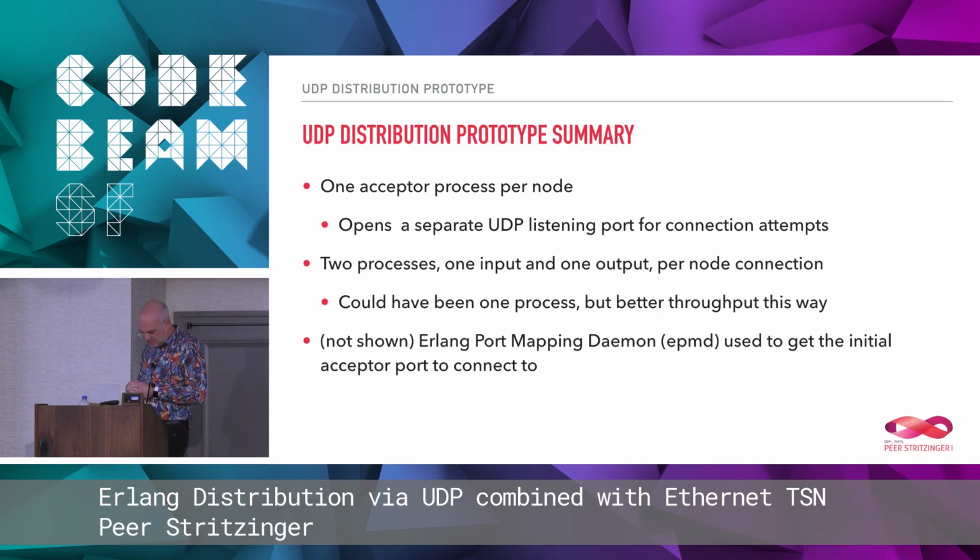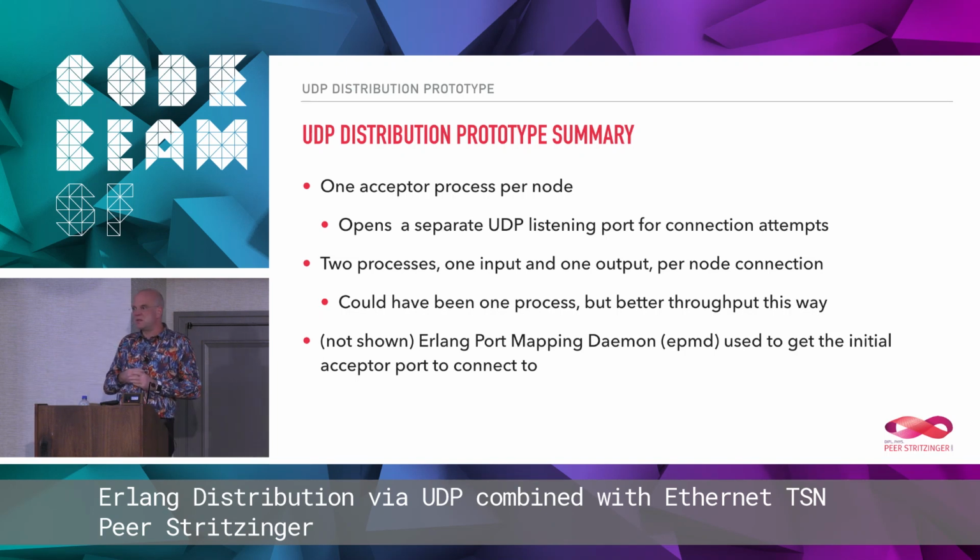So what we learned from this is doing the UDP distribution model. We copy the connection-oriented way, and we open a separate UDP listening port for every other node. So we copy all this. We also steal the port number from EPMD.